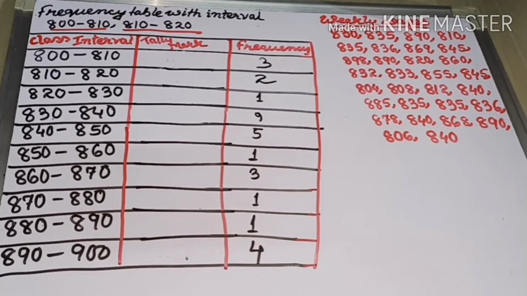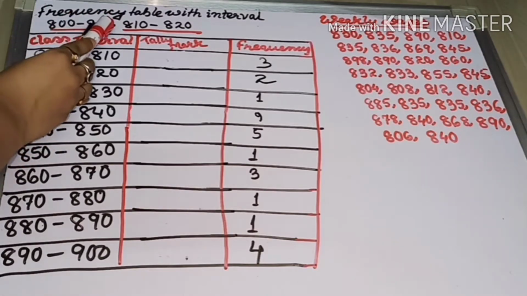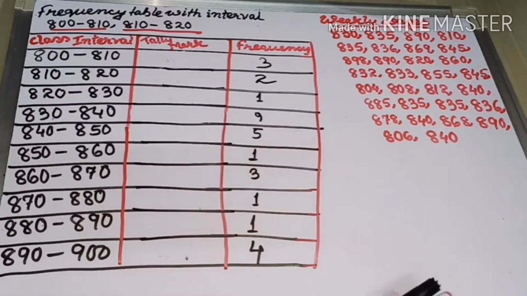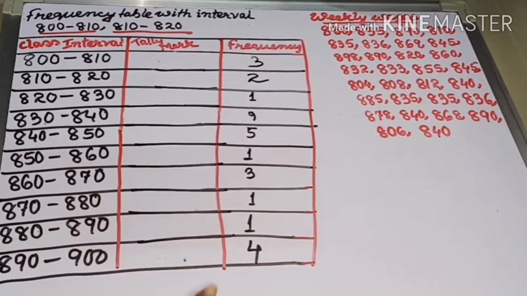So for the first column, the question itself says the class intervals should be 800 to 810 and 810 to 820, right? So looking at the two class intervals, what do we see?